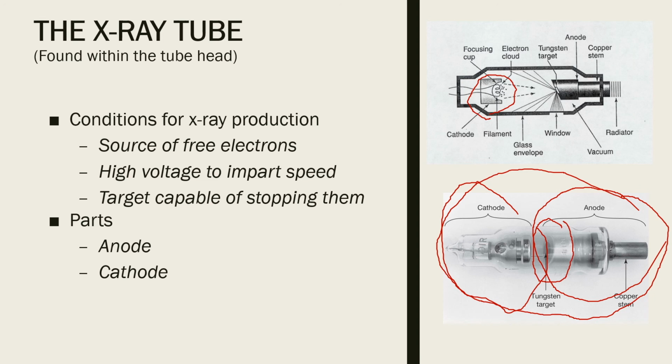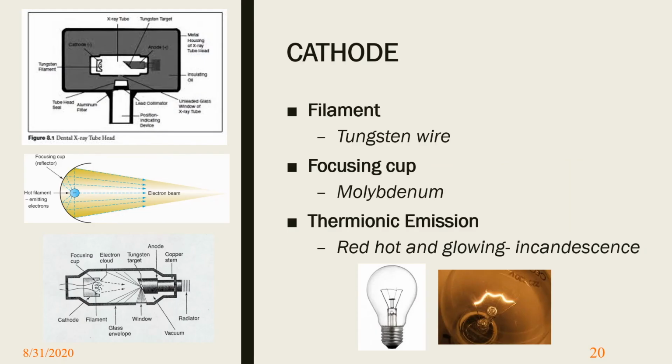So there are two parts of the X-ray tube: the anode, which has the tungsten target and is the positive end, and the cathode with the tungsten filament wire, which is the negative end. Let's talk about the cathode. It is negative in nature.